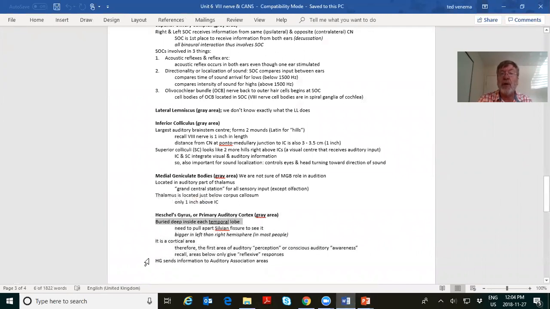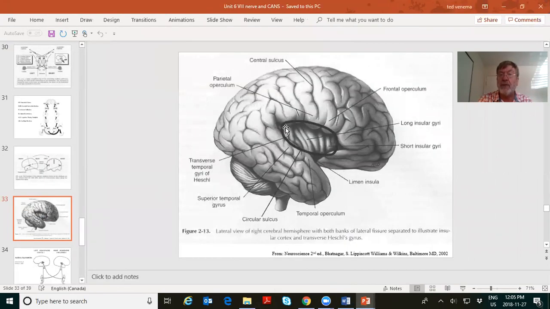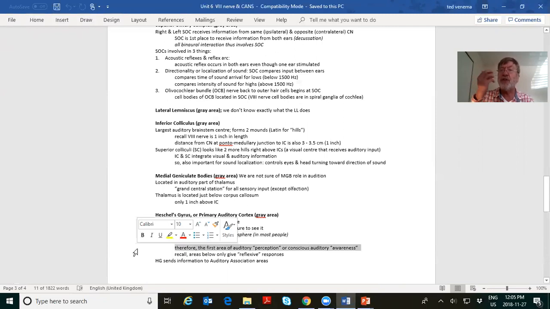You'd need to pull apart the Sylvian fissure to see it. This is the Sylvian fissure, this big crack here. Bigger in the left temporal lobe than in the right temporal lobe. It is a cortical area, therefore the first area where you have conscious auditory awareness.